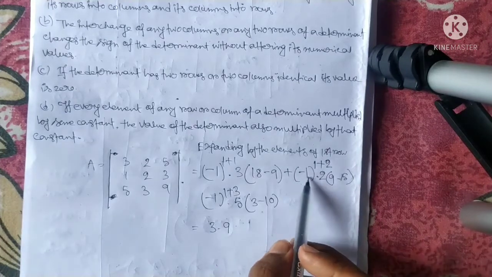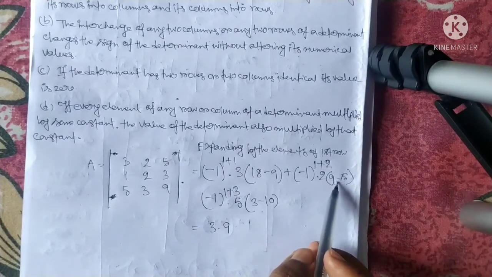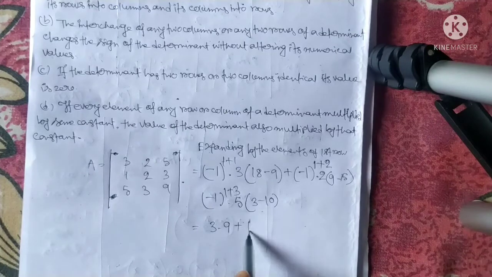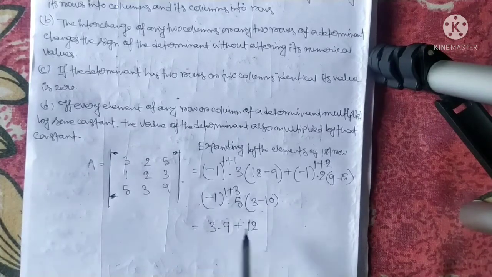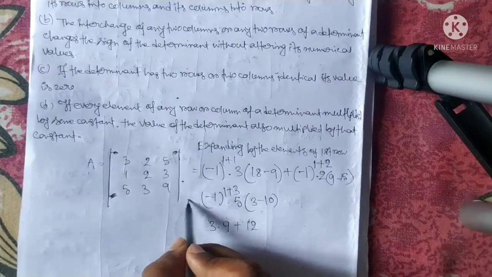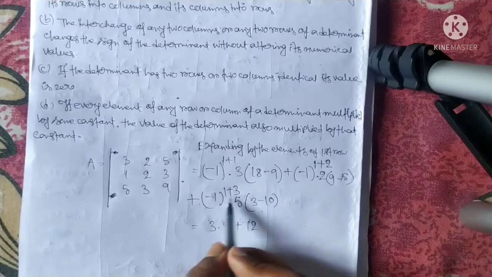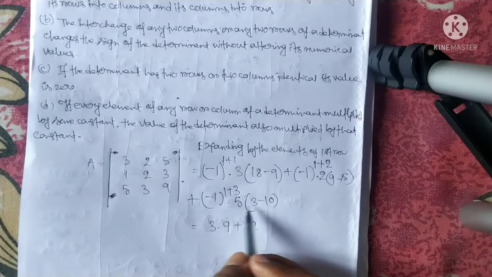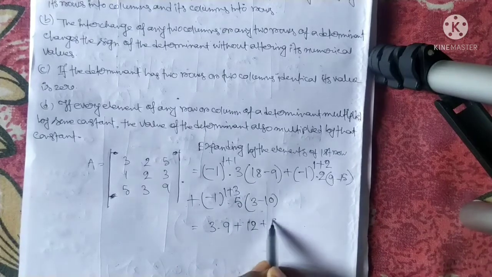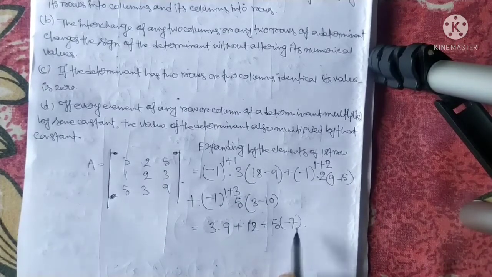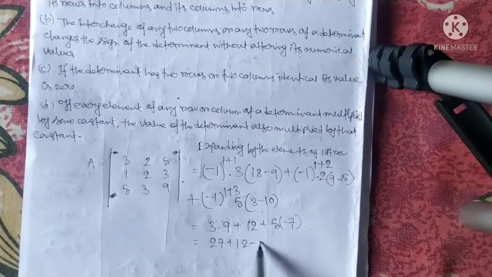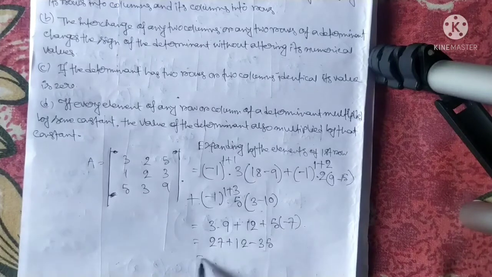Now -1, and this will become -6. Minus into -12, so it will become +12, and this will become plus. -1 to the power 4 will become +1, so the value will be unchanged, 5, and this is -7, so 27 plus 12 minus 35, so it will become 4.